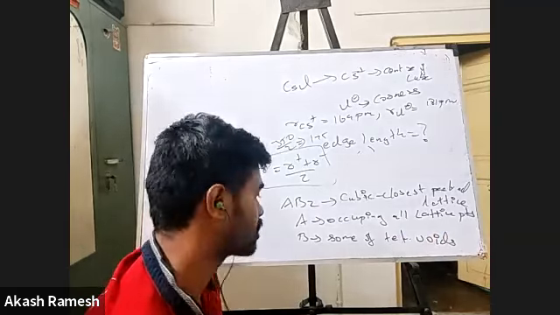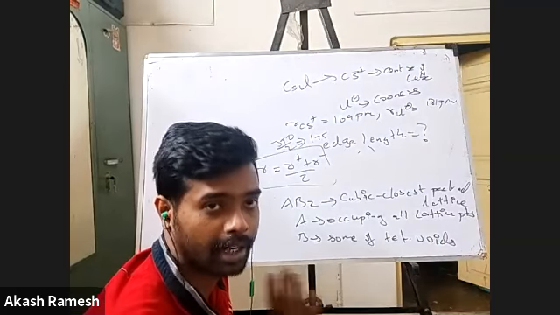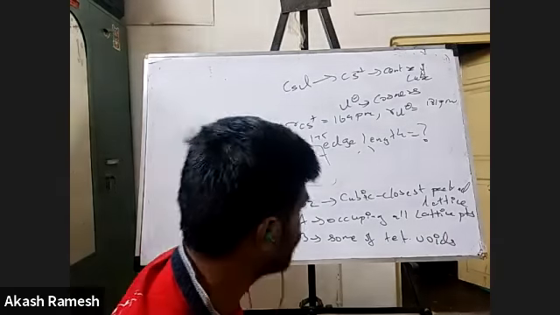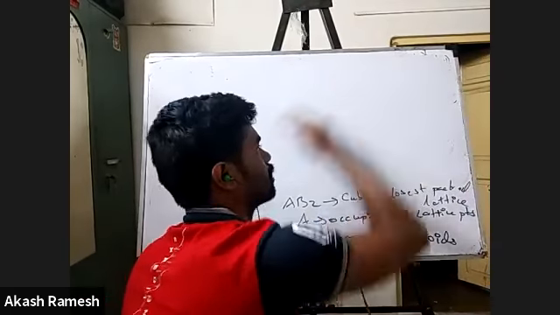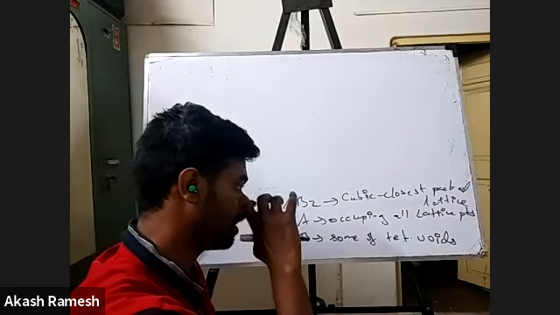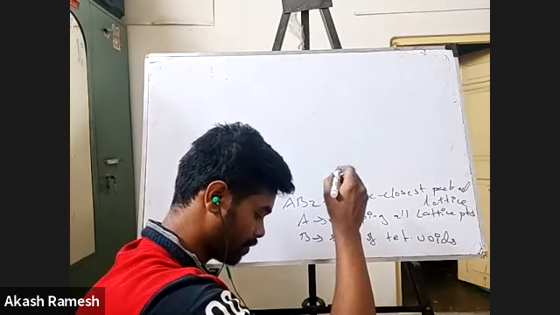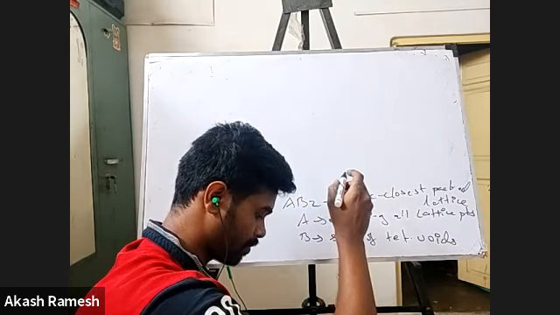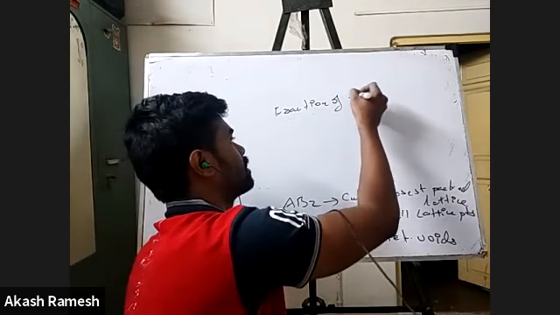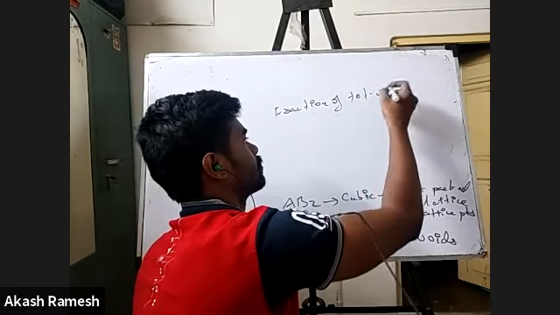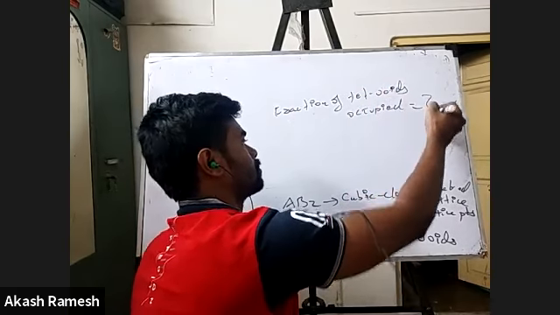They're telling you B occupies tetrahedral voids, but they didn't tell you how much. Some of the tetrahedral voids. Now, what I want to know is, what is the fraction of tetrahedral voids occupied by B?